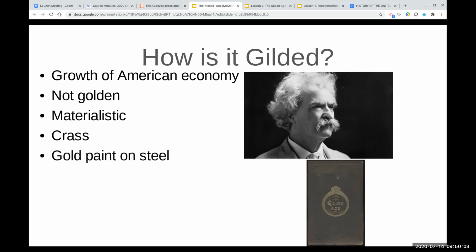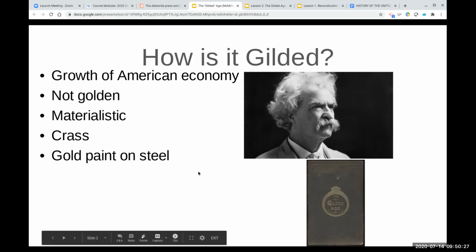It's a crass age. It's an age in which, and this was Twain's kind of critique of it, people seemed to be becoming more wealthy, but people seemed to be becoming less concerned with the affairs of their neighbors. It became more of a dog-eat-dog age, or as we will see later, a social Darwinian age, in a sense.